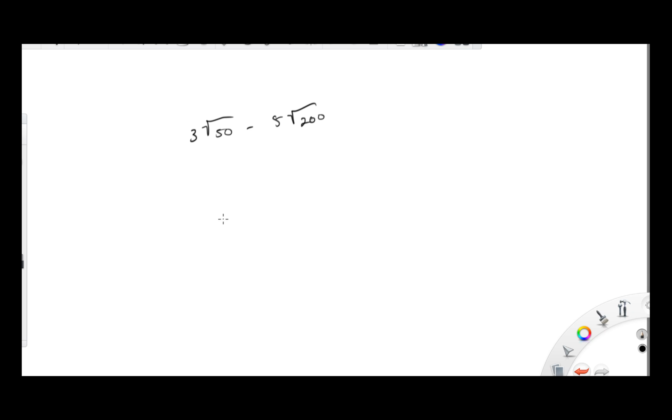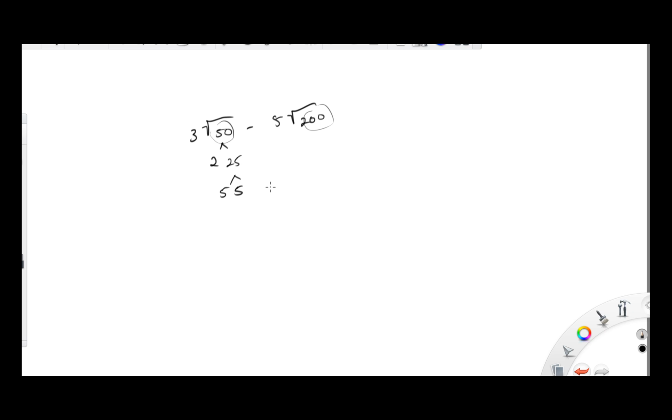Alright, how do we get these two roots essentially to be the same? Well, we're going to have to rewrite these and demonstrate this. So you start by factoring. So we divide by 2 and we get 25, and of course we get 5 and 5.